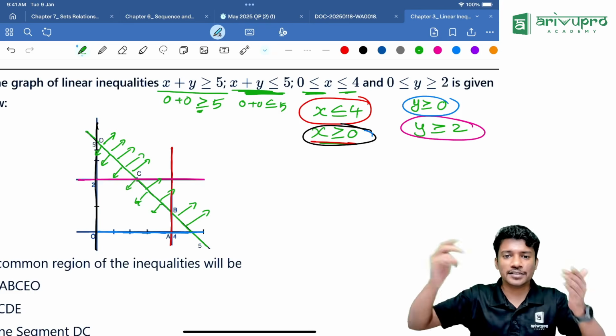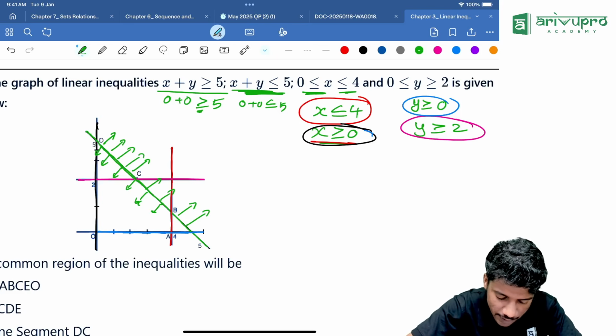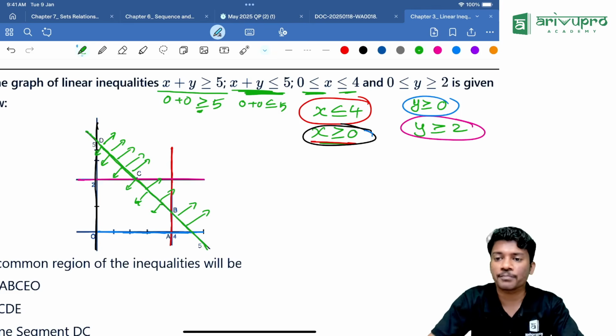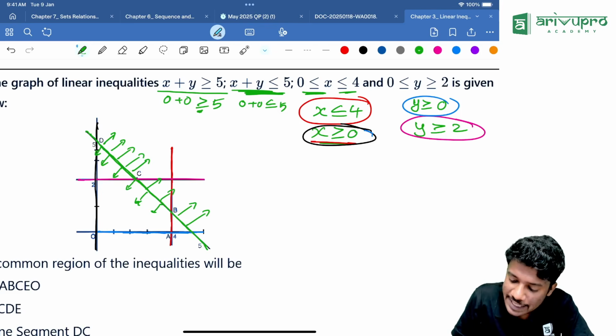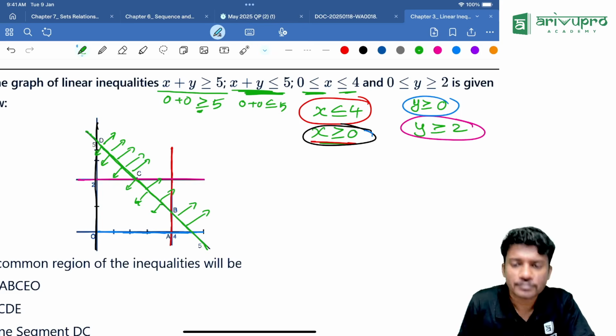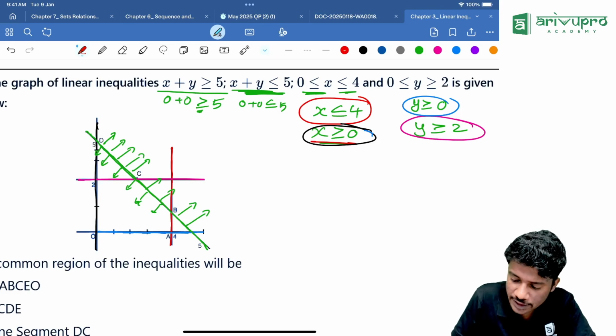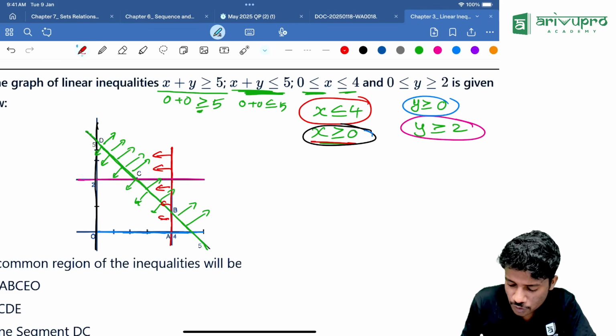Okay, both the areas. What is the common area? Only this line segment is the common area. Nothing else is common between them. Correct? From that itself we are going for the answer. Then x less than or equal to 4. Less than or equal to 4 means what? It will be towards which side? X less than or equal to 4 is towards this side.